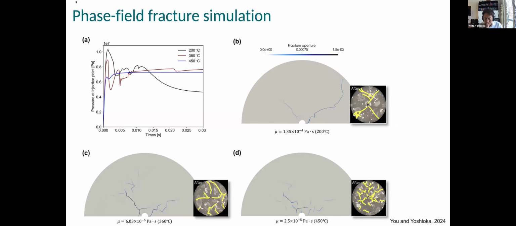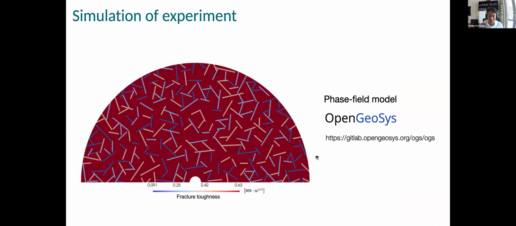So we have done these three cases. The first case is at low temperature, so the water viscosity in this case is high. Sorry, I forgot to explain what this is.